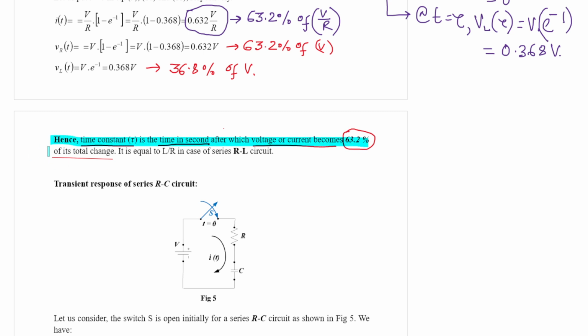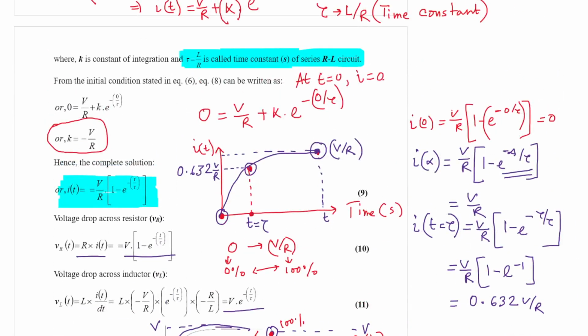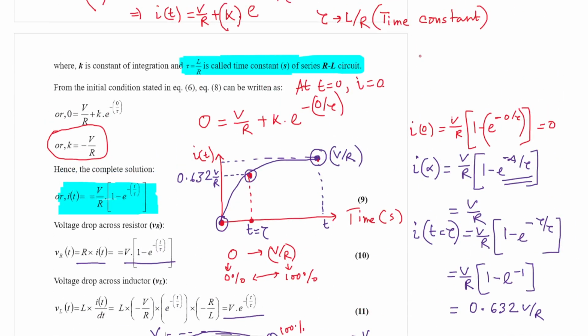And most importantly, for a series RL circuit, we have assumed tau. What is tau actually?